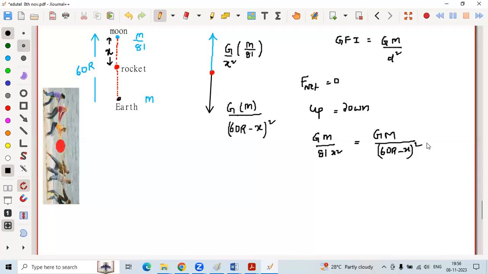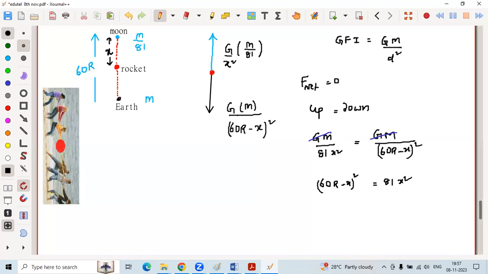What do you need? I need x. So if I cancel Gm and Gm, I'll get (60r minus x) whole square is equal to 81 x square. Now I want the x value.